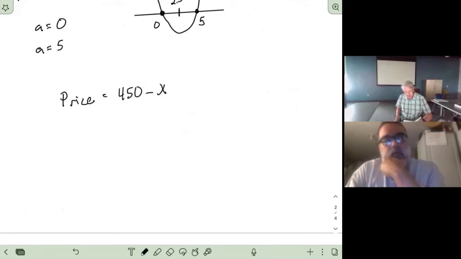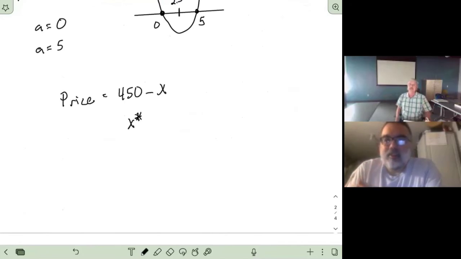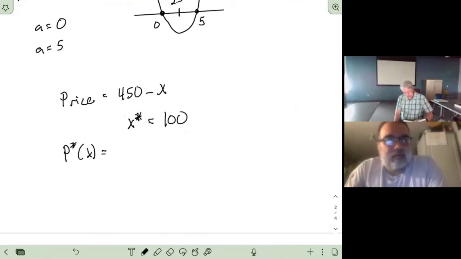And we said that X star, in economics, star means the optimal amount. That's the notation that's used there. So X star is 100. So the price that is the maximal amount is 450 minus 100, and so that's $350 right there.